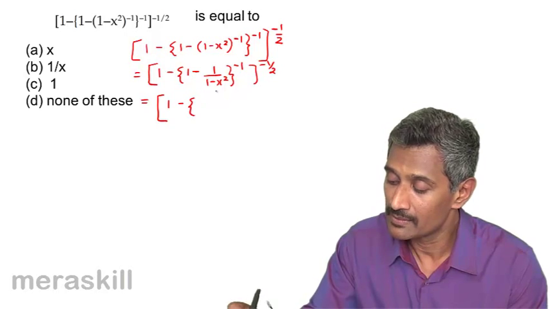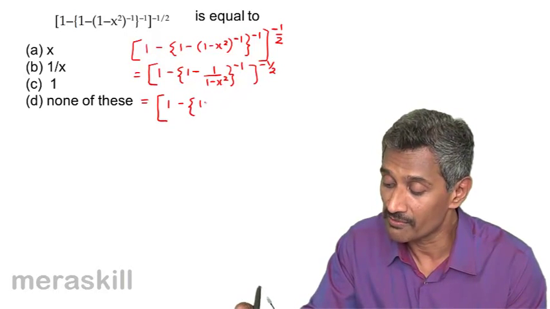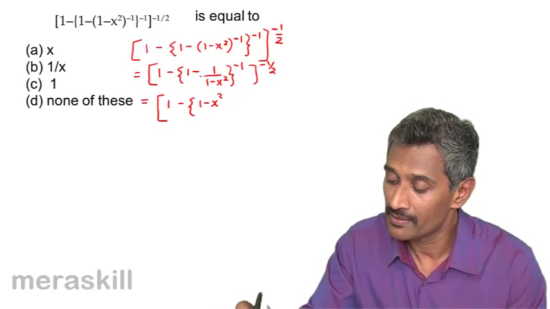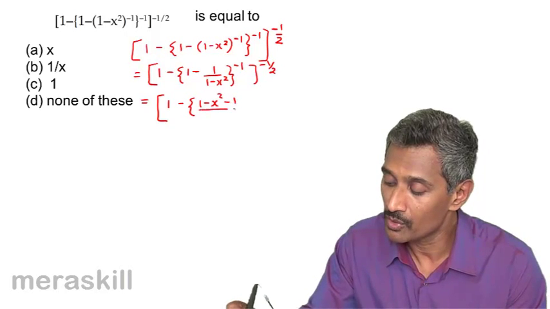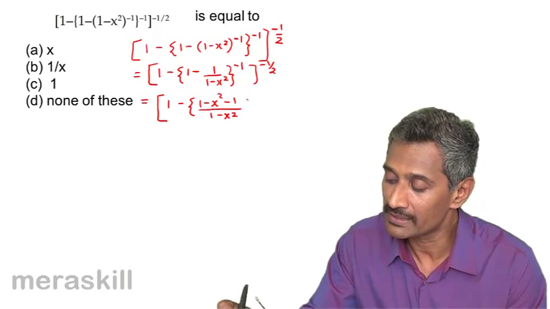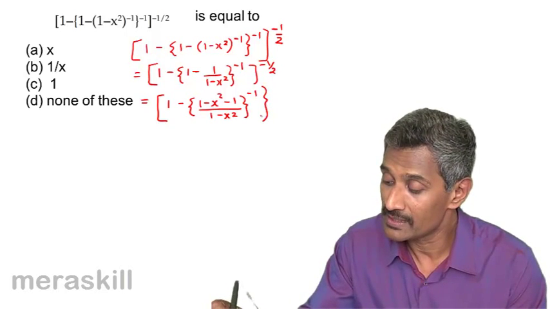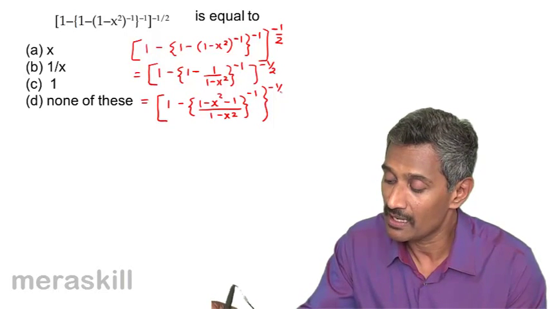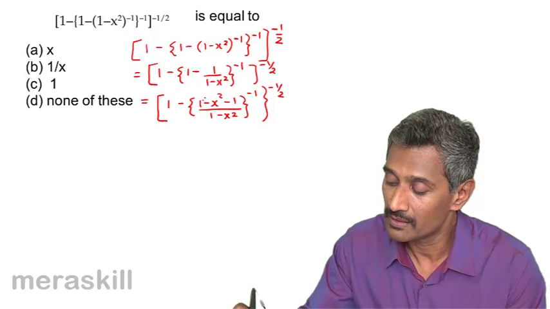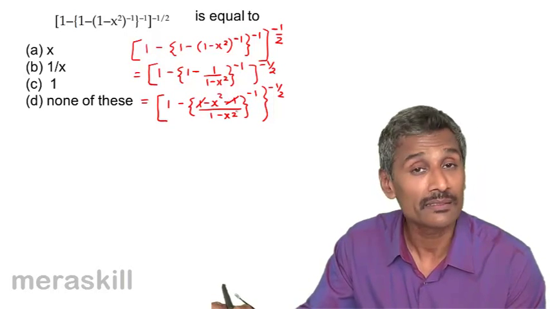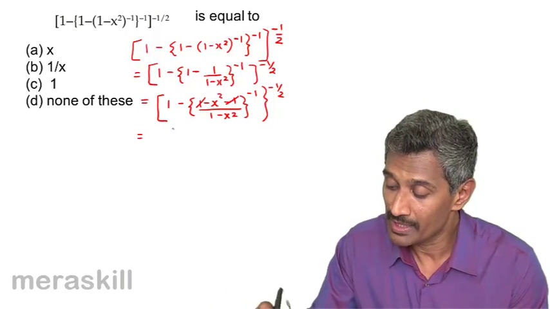So 1 minus, you take the LCM, it turns out to be 1 minus x square minus 1, the whole raised to 1 minus x square, and this has been raised to minus 1, and this has been raised to minus half. So this gets cancelled.